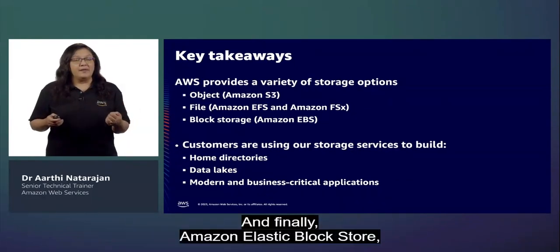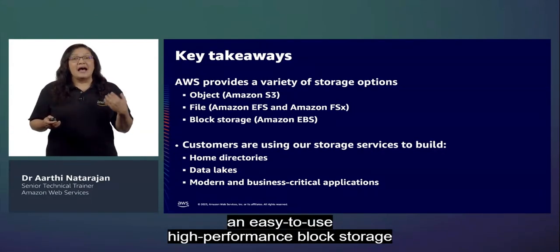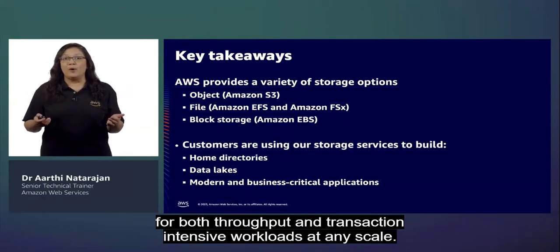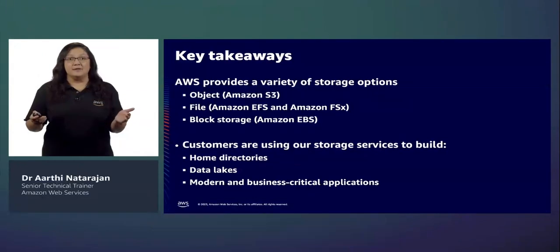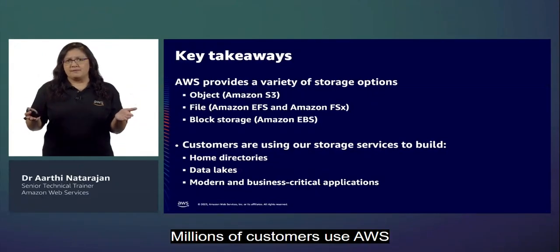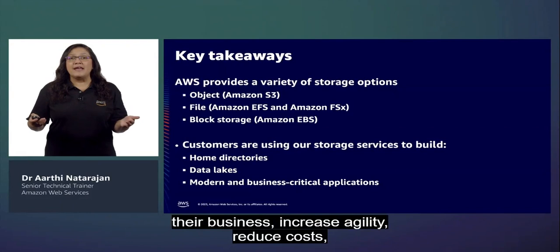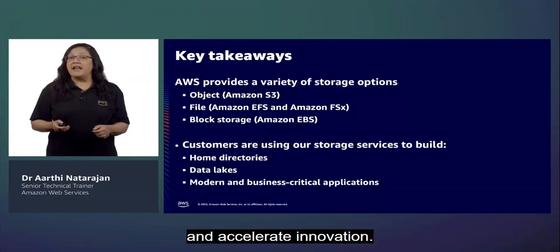And finally, Amazon Elastic Block Store is easy-to-use, high-performance block storage for both throughput and transaction-intensive workloads at any scale. Millions of customers use AWS storage services for a variety of use cases to help transform their business, increase agility, reduce costs, and accelerate innovation.